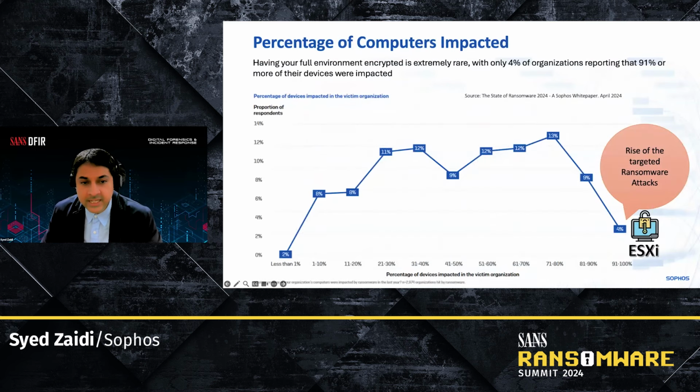This slide shows that you may feel you are not the prime target of the ransomware incident, because you may see that very few machines are being encrypted. But you have to know that threat actors are getting smarter and moving to targeted ransomware attacks. Rather than encrypting your whole network and creating noise, they hit where it hurts the hardest.